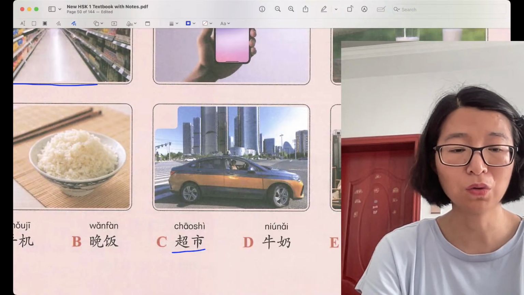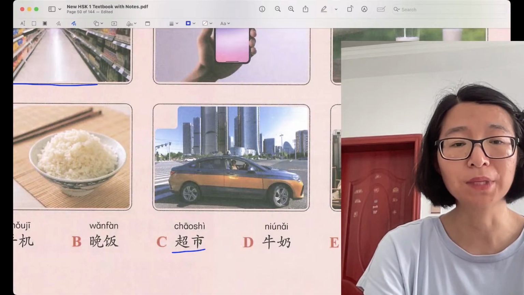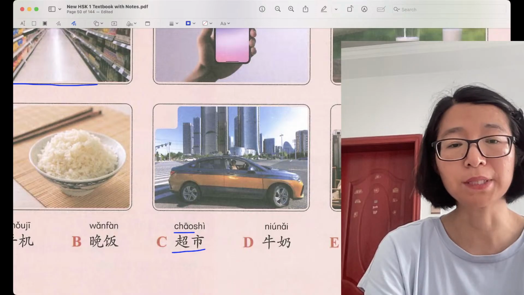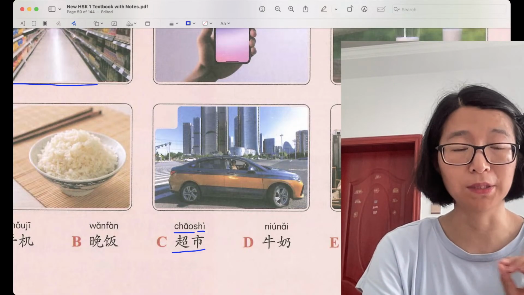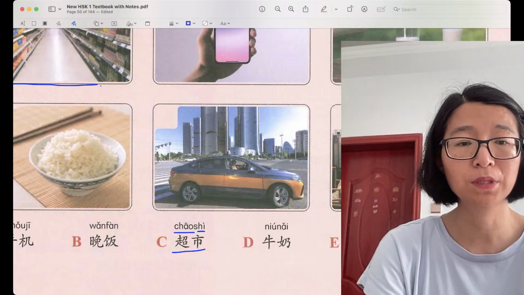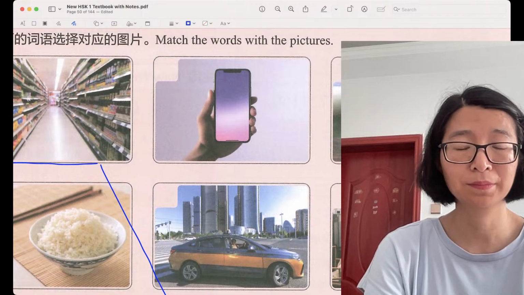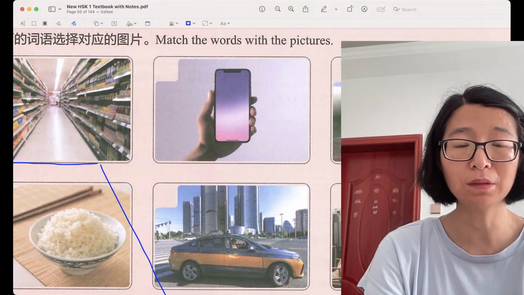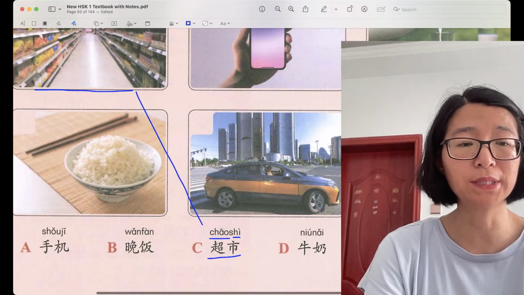So 超市. 超 means super, and 市 means market. So basically in Chinese it means supermarket. Second picture, what is it? 这是什么? 这是手机.